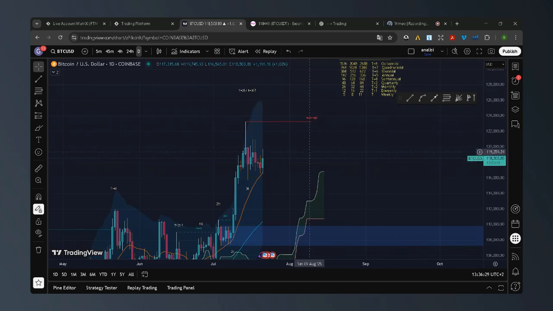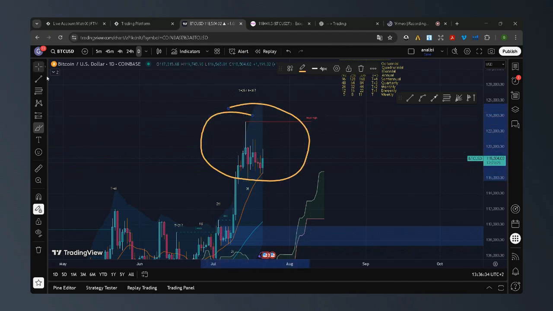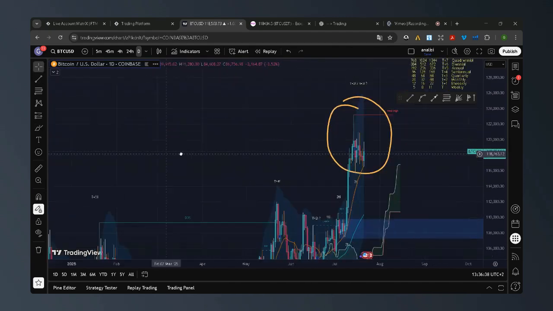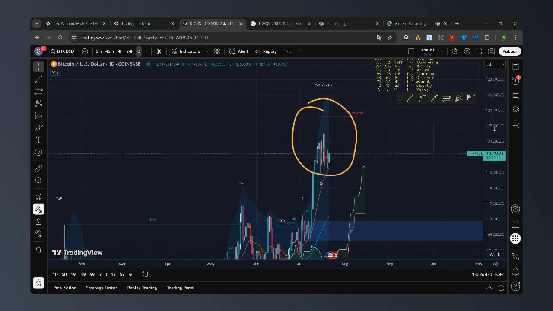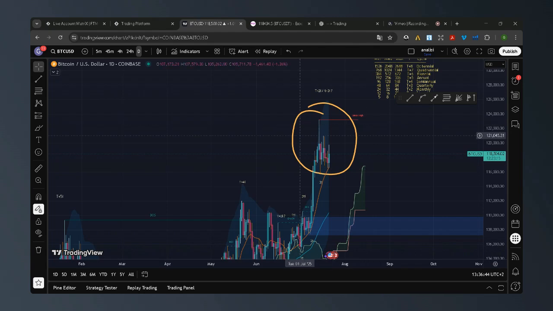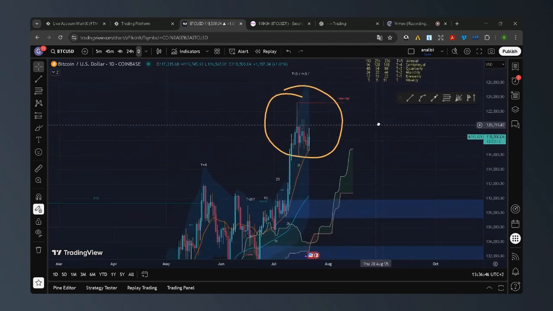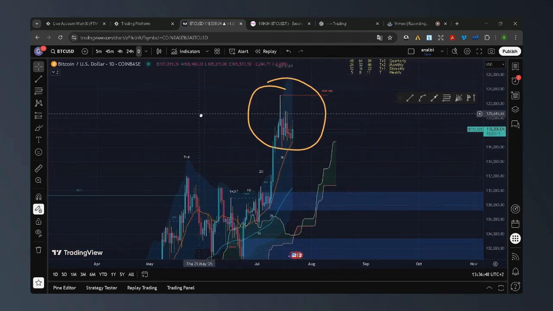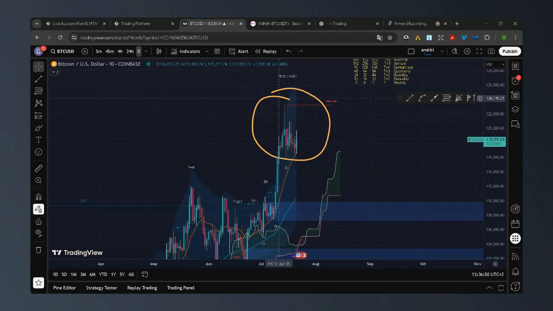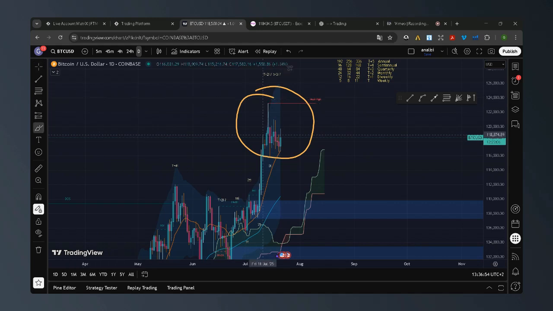Also, what is the main problem? The main problem is that this area is new for the market, because here is the maximum price of all time that Bitcoin has been updated. So we have very little data at this point for trading. We have only a week of trading analysis to study volume, resistance, and support lines.